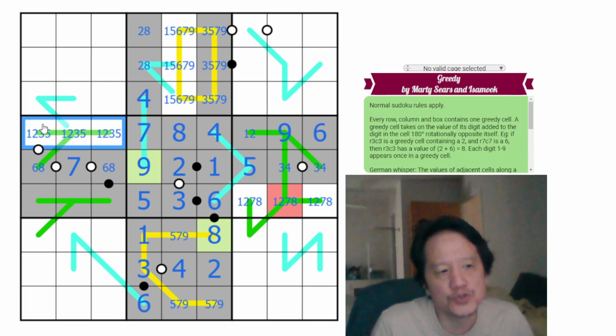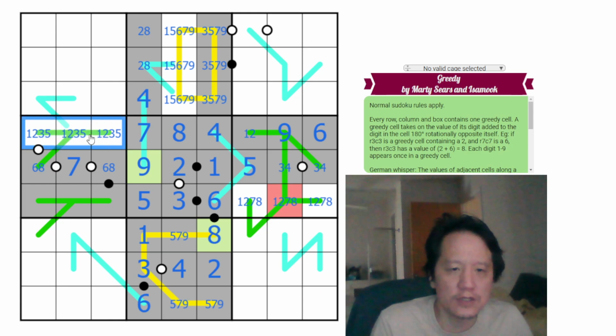One of these is 3. So if it's 5, it would have to be with the greedy digit of 3. Or it's 3 and it could be 5 with a greedy digit. So one of these is a greedy digit. So say this was the greedy digit.